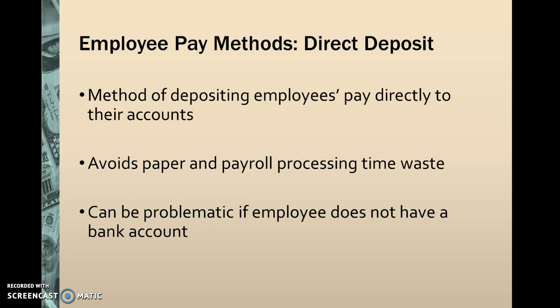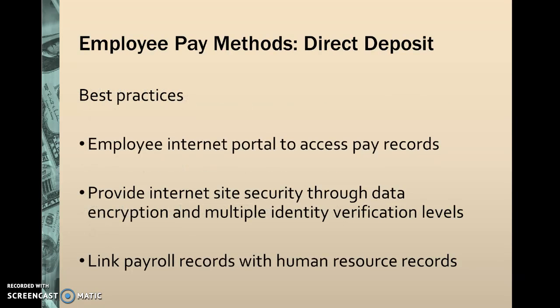Can be problematic, unfortunately, if the employee does not have a bank account. It is the best practice. Employees can trace their checks into the internet portal to access their pay records. It links the payroll records with human resource records, and also there's multiple identity verification levels. It is more secure for the employer and the employee.